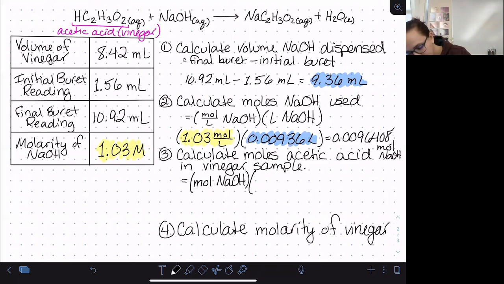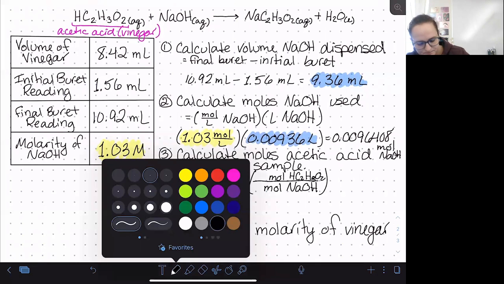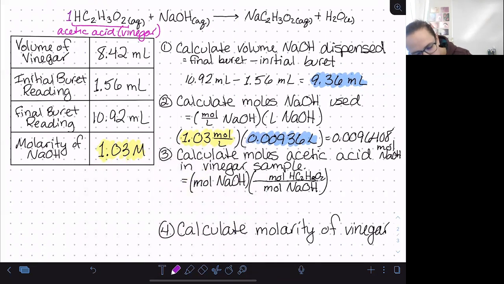For this reaction, we want moles of NaOH to cancel, so that's going to go on the bottom. We want moles of acetic acid to be the new unit that we're converting into, so that is going to go on the top. Our coefficients here are both 1. So this is just going to be 1 over 1, which means your moles of sodium hydroxide and your moles of acetic acid are going to be exactly the same.